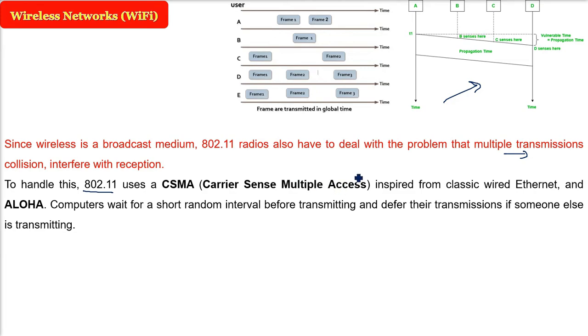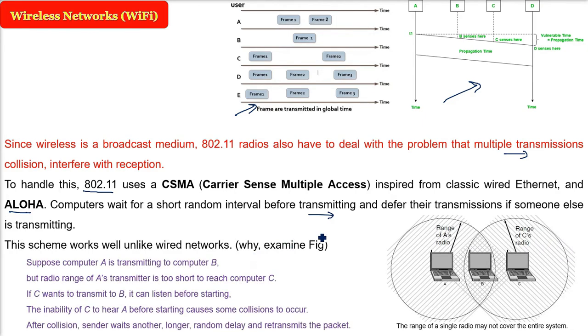So the collision detection and avoidance scheme is taken from them. Here is a very simple algorithm: the computing device waits for a short random interval before transmitting. And if someone is transmitting at that time, it will again wait for the next transmission. This scheme really worked well in the Wi-Fi environment. It was not working that well in wired networks.